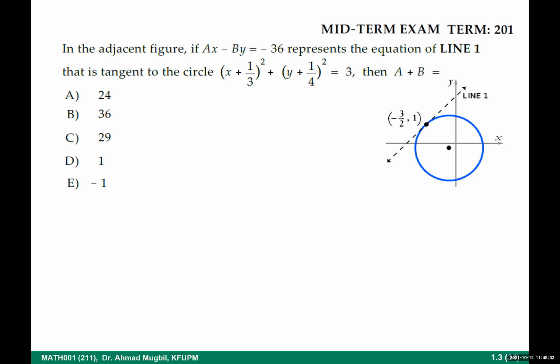Yes. Find the slope. The slope of what? The center and the point of the line. Then multiply by the negative reciprocal. Then continue the equation. Good idea. He has solved it. Thank you.